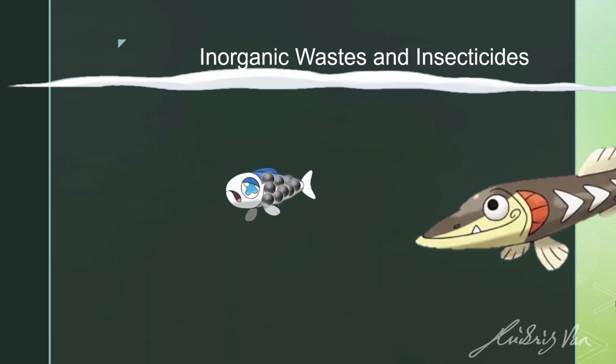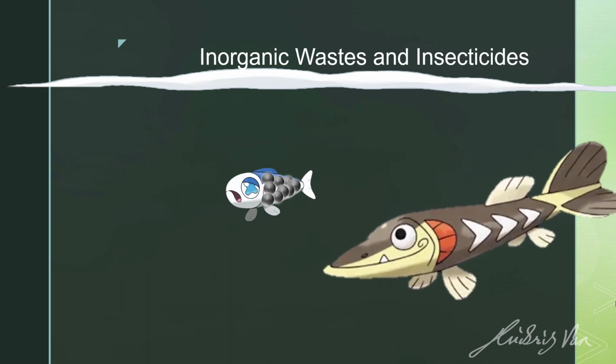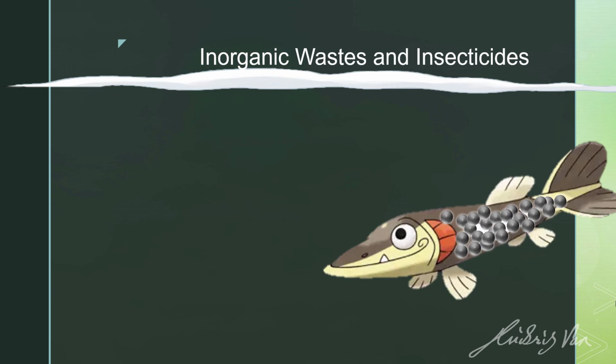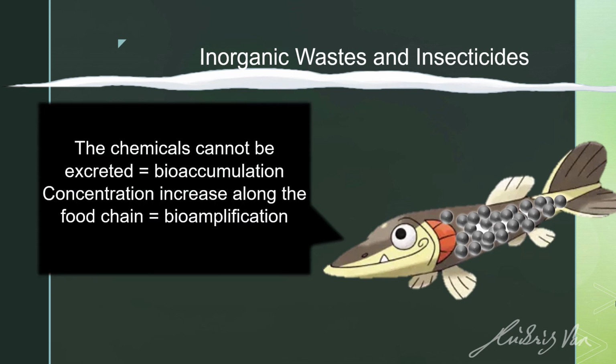What happens next is in comes a big fish, and of course the big fish does not just eat one little fish. It will eat multiple small fish, and the molecules get amplified even more. So a chemical that cannot be excreted is known as bioaccumulation, while the concentration increasing along the food chain is known as bioamplification.